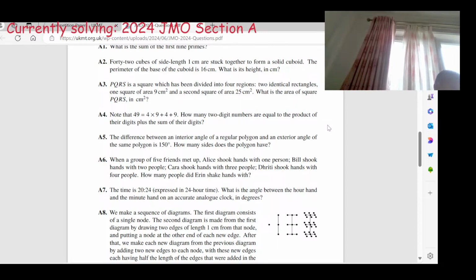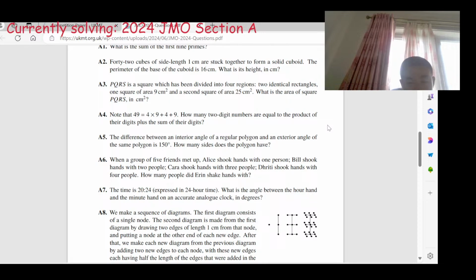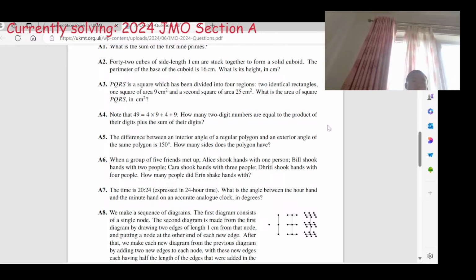So I'm looking at 2. The time is 20:24. It's less than 24-hour time. What is the angle between the hour hand and the minute hand on an accurate analog clock in degrees? There is a systematic way to do this. So we're doing 8 and 9. 8 is like here.